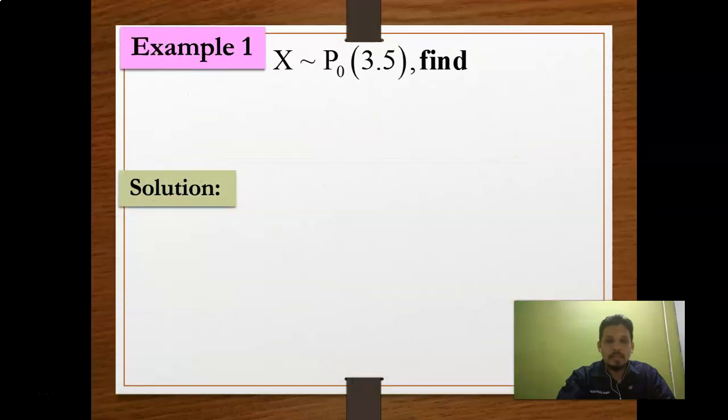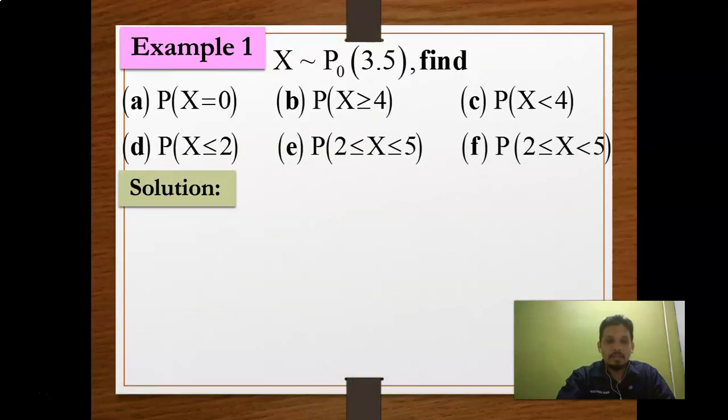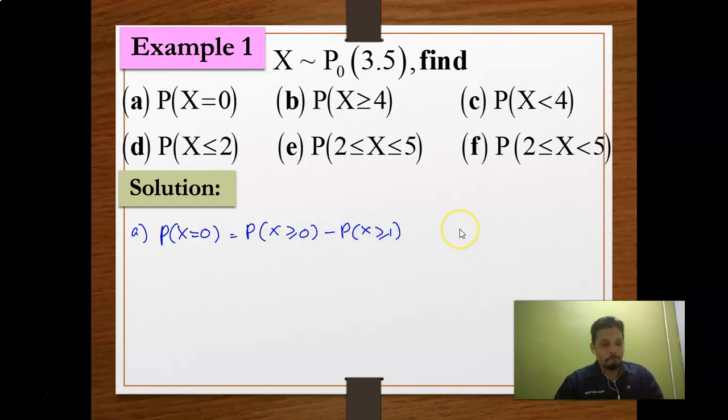Okay, example 1. Find the probability of this. For part A, the probability of x greater than or equal to 0, and for this one we come up with probability of x greater than or equal to 0 minus probability of x greater than or equal to 1.